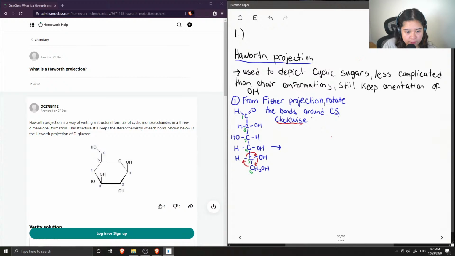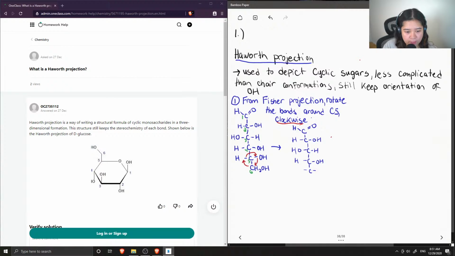So now this is carbon 5. So let me just rewrite the order.